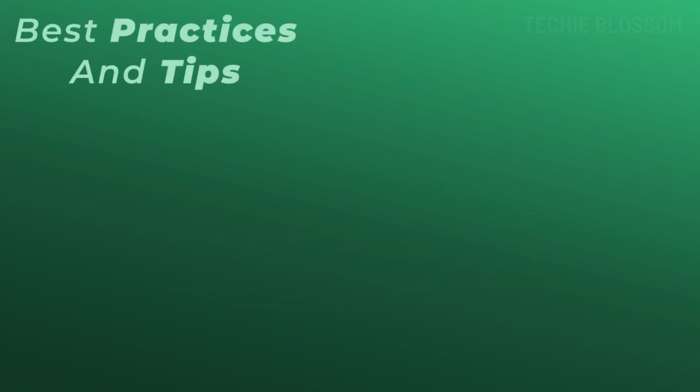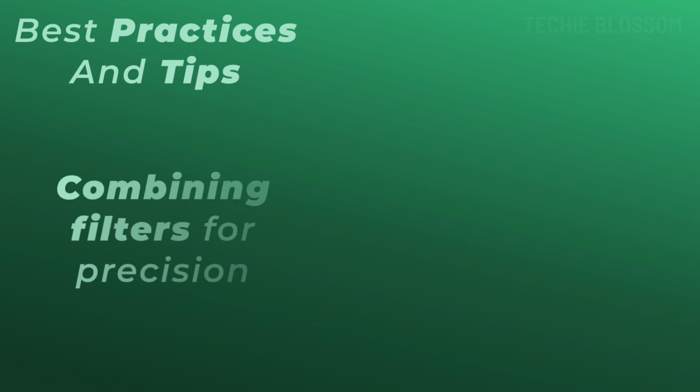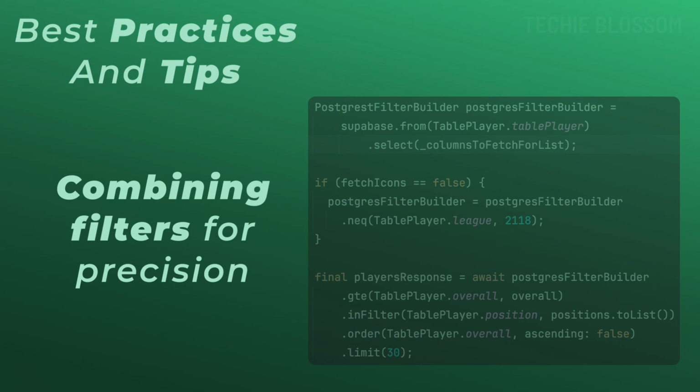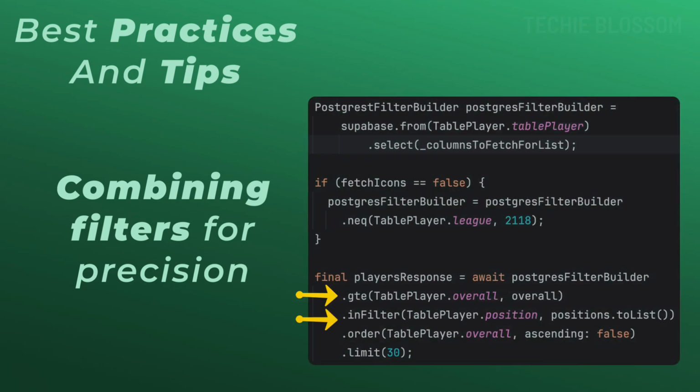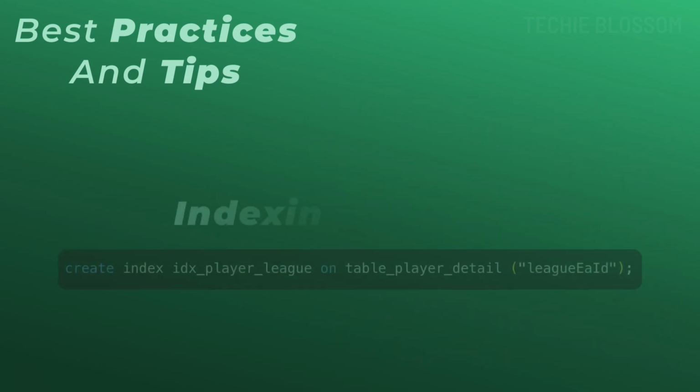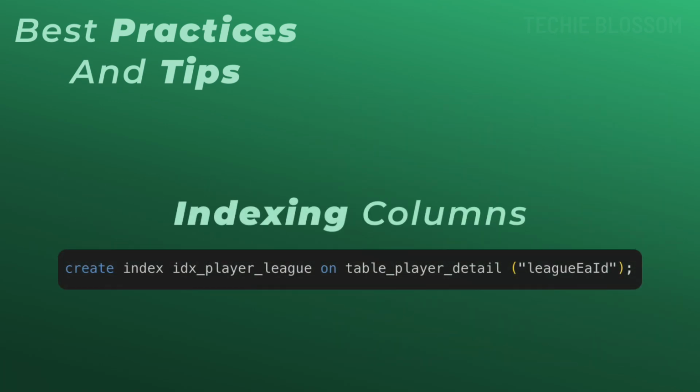the not equal filter. First is combining filters for precision. The not equal filter works well with other filters like equal or range filters to refine your results further. For example, you can exclude free tier users and filter for users in a specific region. Second is indexing frequently filtered columns.